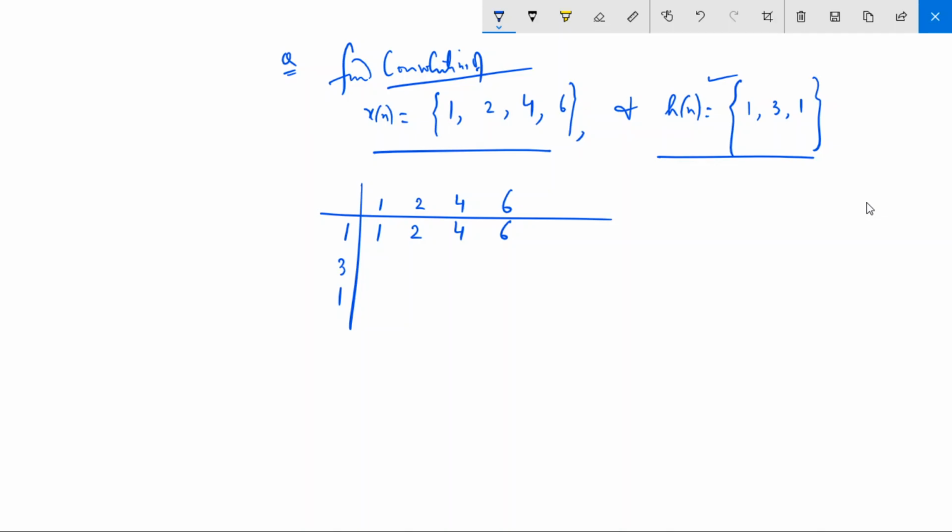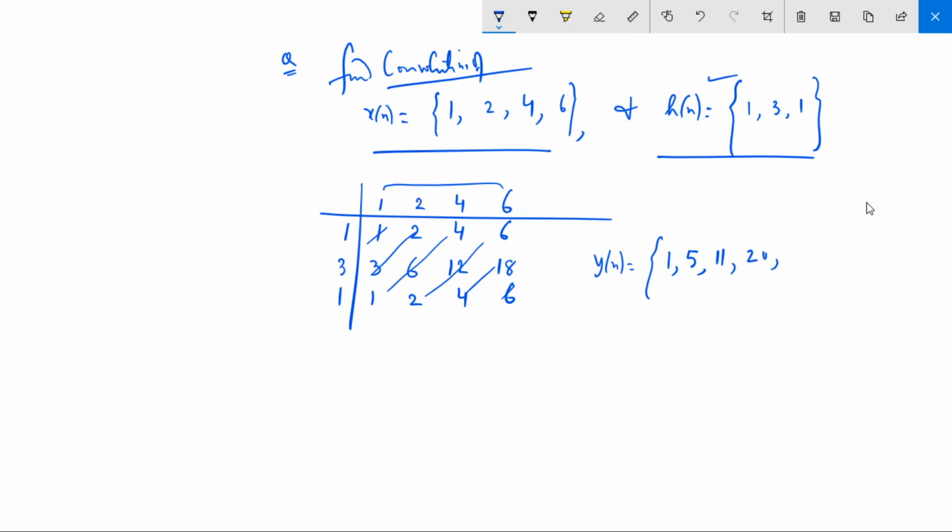Then 3 is multiplied with all the samples of x, so it becomes 3, 3 into 2 is 6, then 12, then 18, then again with 1: 1, 2, 4, and 6. And then you have to add them diagonally. You will get y[n] as the output. So it will be 1, 3 plus 2 is 5, 6 plus 4 plus 1 is 11, 12 plus 6 plus 2 becomes 20, then 18 plus 4, 22, and then finally 6.